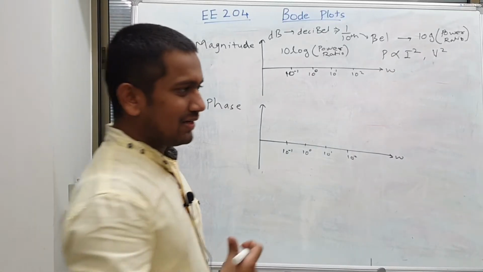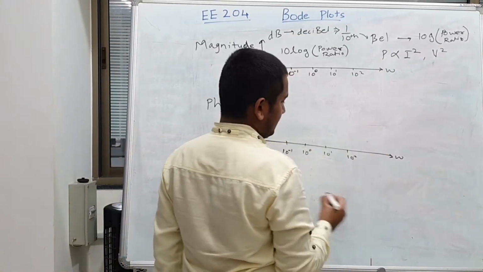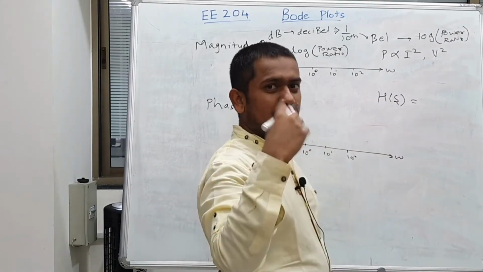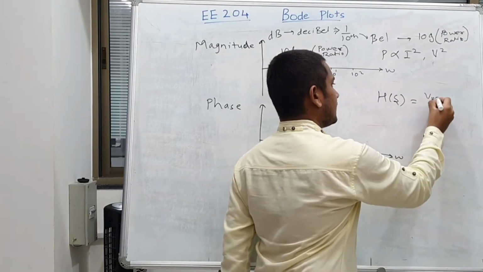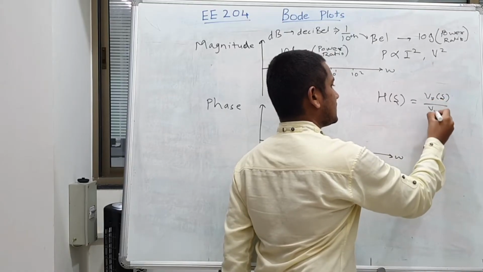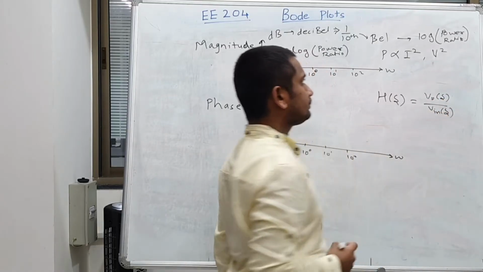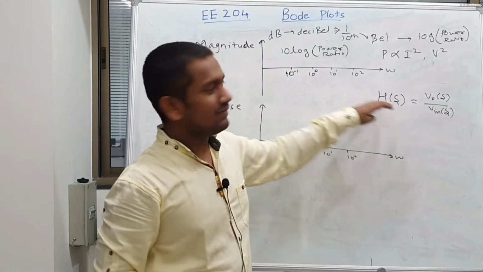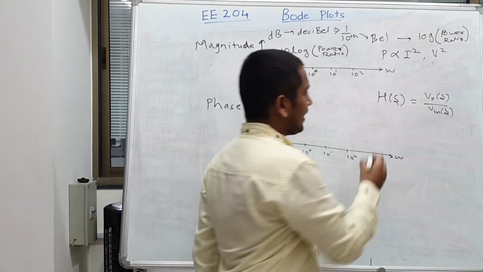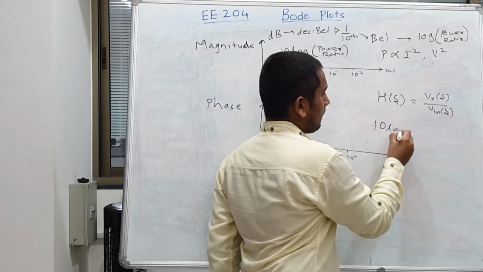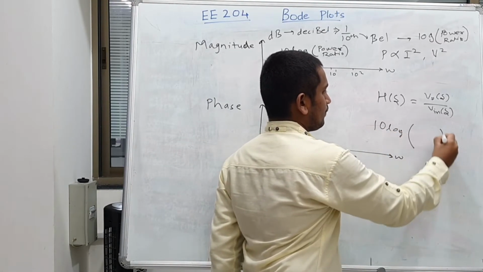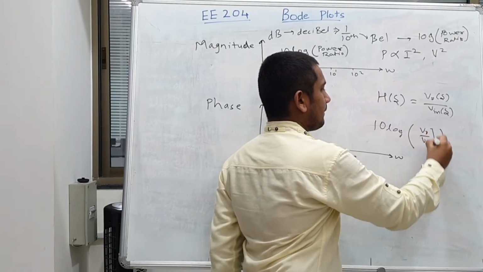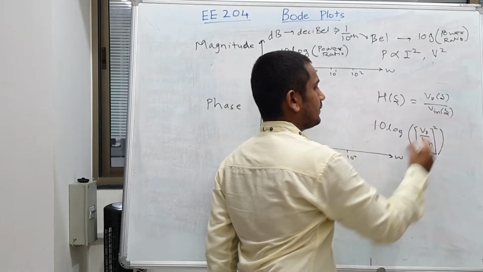It means that if we have a system H of S which has a transfer function V out of S by V in of S, and we want to convert this H in dB, we will apply 10 log of V out by V in, which is voltage ratio, but square of it.